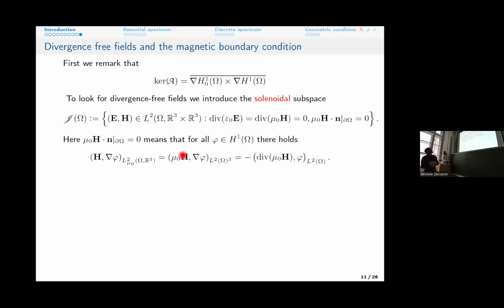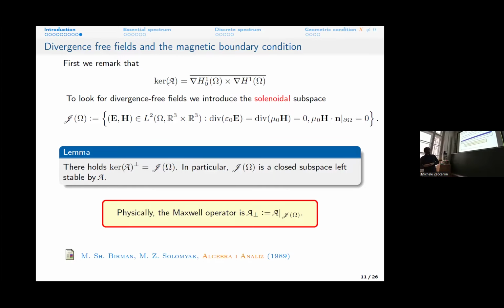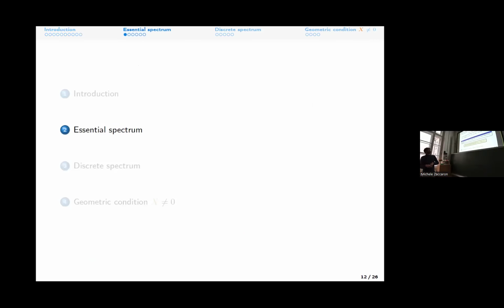Then we can see that the orthogonal of the kernel is exactly this solenoidal subspace. So the real Maxwell operator corresponding to the physical Maxwell system will be A reduced, which I denote as the restriction to the orthogonal of its kernel. Okay, so this closes this part of the introduction.